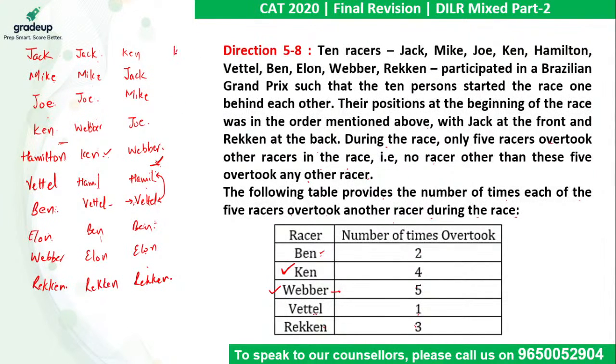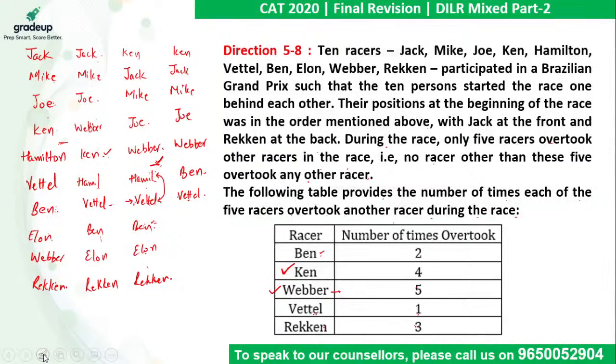So finally, can I say it will look like this: Ken, Jack, Mike, Joey, Weber. So Ben will come at this position now. The positions of Hamilton and Vettel will get interchanged. So Vettel will come here, right? And Raikkonen crossed 3 persons, 1, 2, and 3. Now this position will be taken up by Raikkonen.